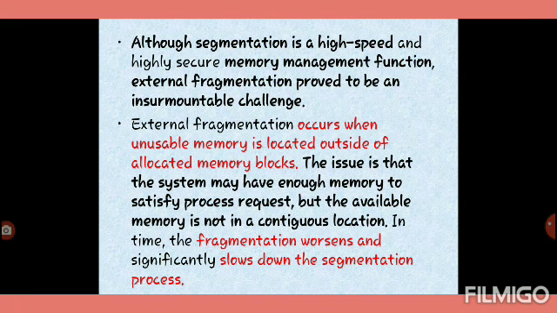For example, inside one segment there are 10 KB free, and outside the segment there is another 20 KB free. But when a process comes which needs 30 KB, we cannot accommodate the process, because even though we have 30 KB available in memory, they are scattered. Inside it is 10 KB, outside the segment is 20 KB. So this is called external fragmentation.